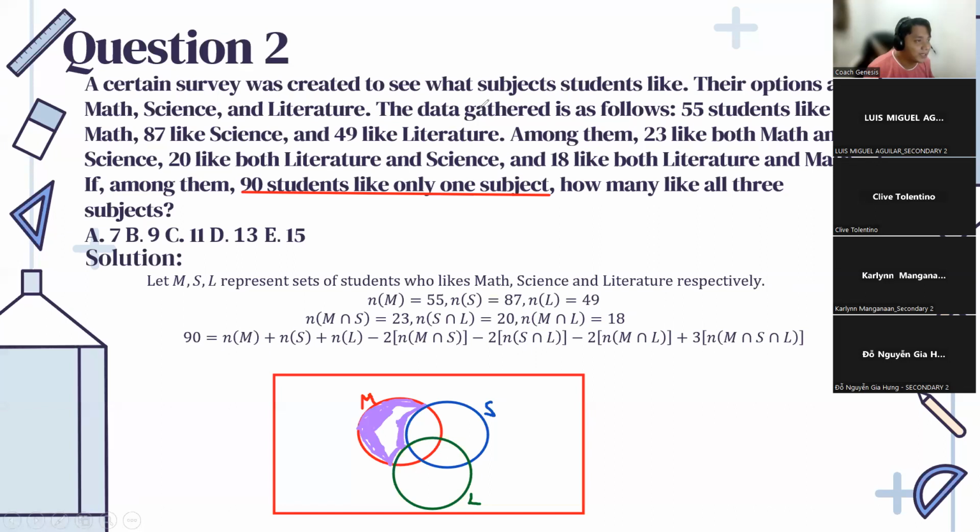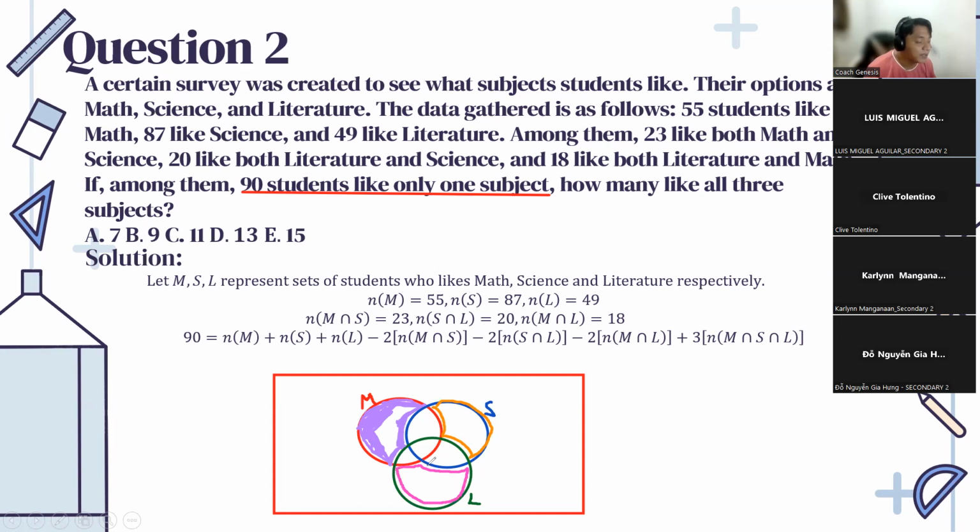Next will be this one. So this one, right? This one. So science only. And of course, for the last one, I'll just have to use this one.